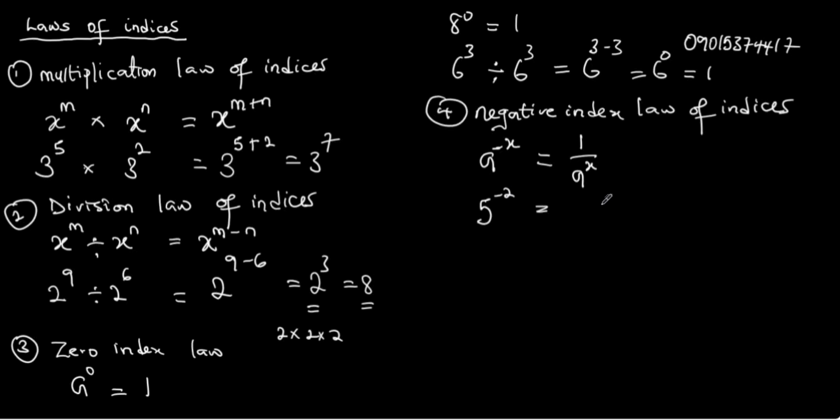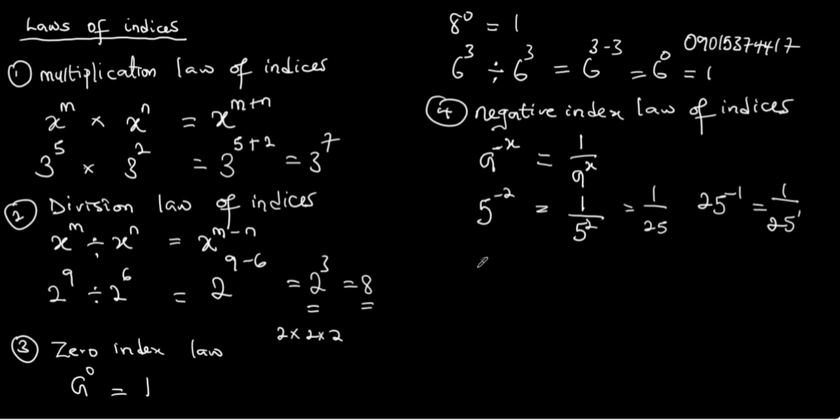This negative symbol becomes the reciprocal of 5 raised to power 2, which is equal to 1 over 25. It's the same thing as saying if I have 25 raised to power minus 1, it is the same thing as 1 over 25 raised to power 1, which is the same thing as 25.